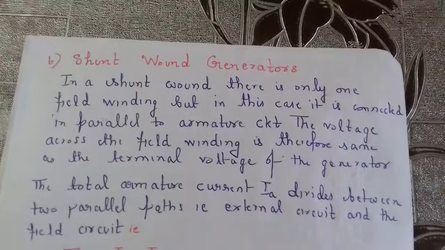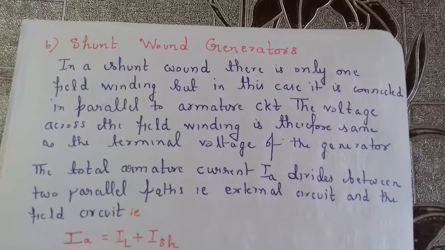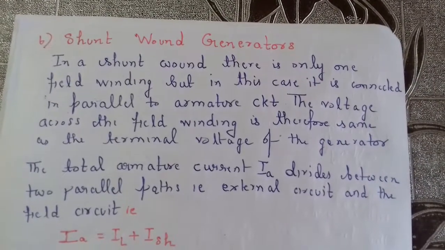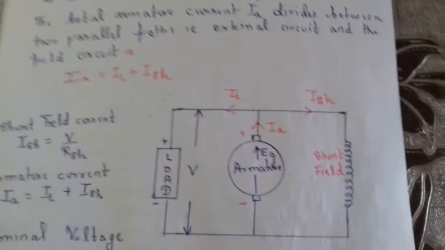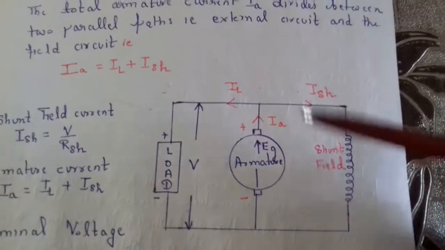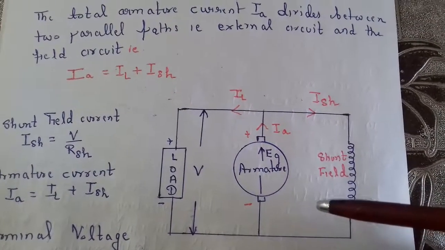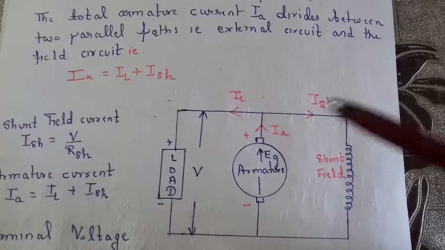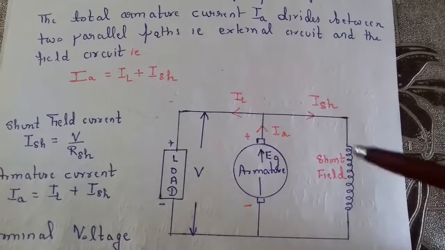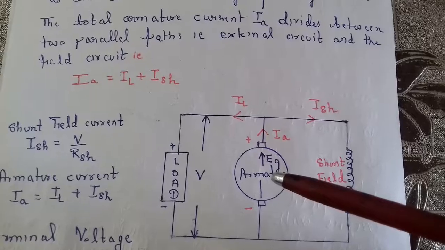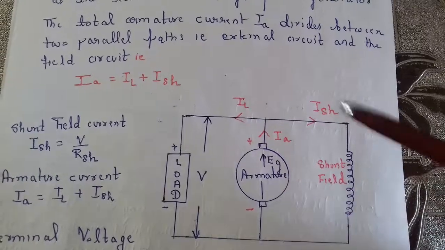Now the next self-excited DC generator is the shunt wound DC generator. This is the circuit of the shunt wound DC generator, in which the field winding is connected in parallel to the armature, so we call this shunt wound DC generator.